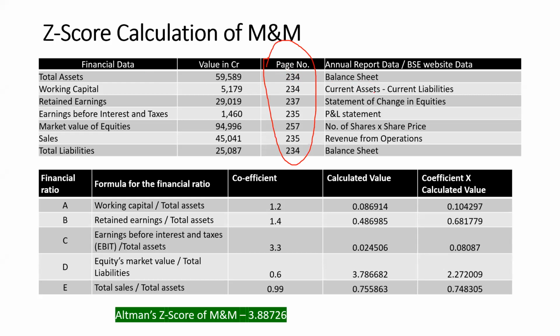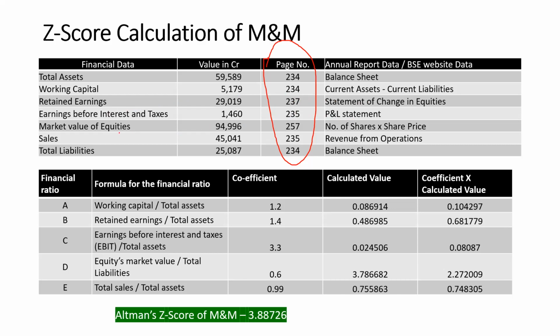Even the working capital, you have to calculate as current assets minus current liabilities, also available on page 234, the balance sheet. Retained earnings is available in the statement of changes in equity, page number 237 in the annual report. Then earnings before interest and taxes is available in the profit and loss statement, which is page number 235.